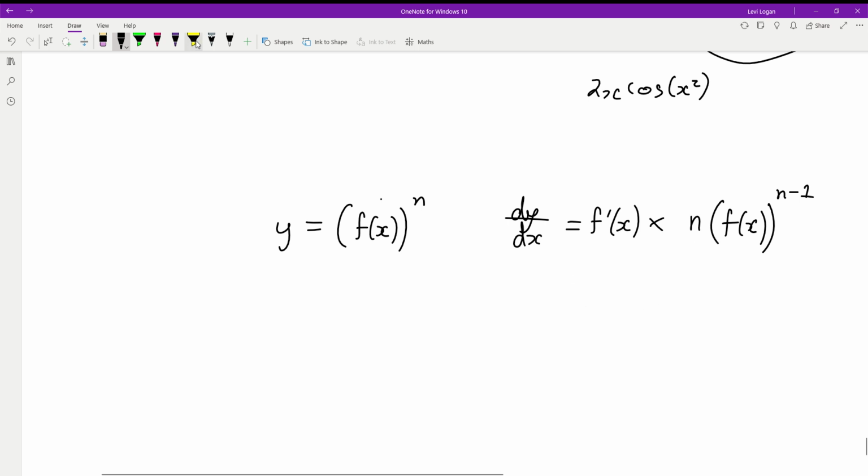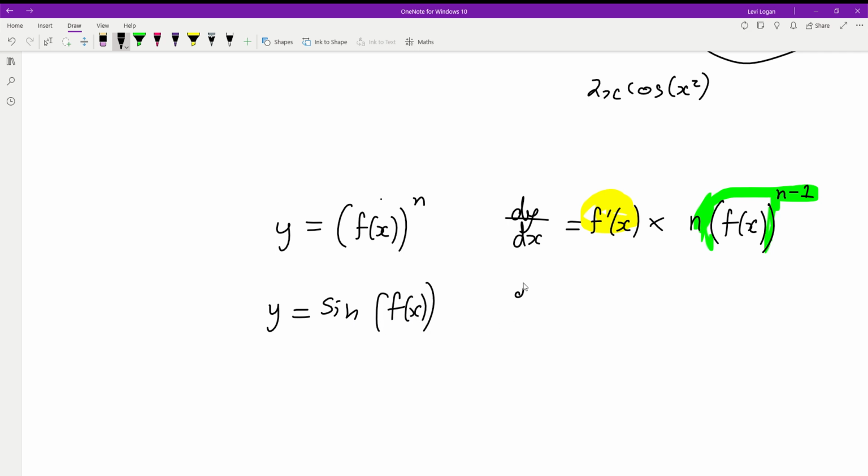Inside function differentiated, multiplied by the differential of the outside, which we can see is the power rule, which we just proved. If I have y equals sine of f of x, dy dx, differentiate the inside, so f dash of x, times by cos of f of x.